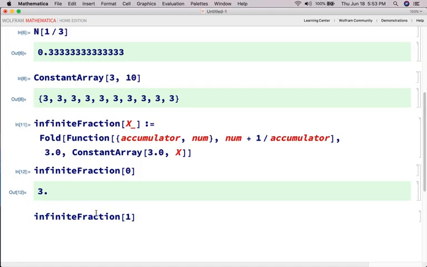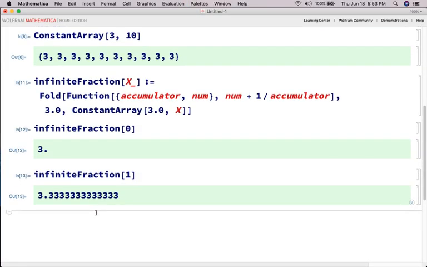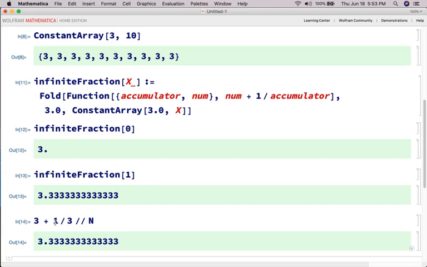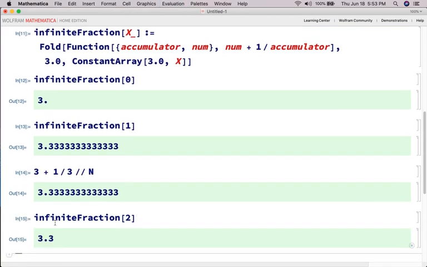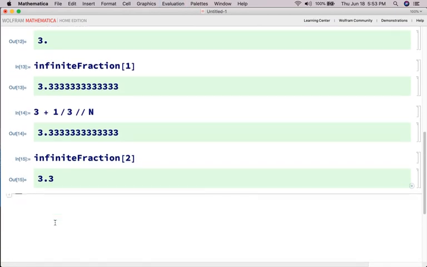Infinite fraction 1. Is that true? Let's see. 3 plus 1 divided by 3. And what about infinite fraction 2? Is that true? So 3 plus 1 divided by 3 plus 1 divided by 3.